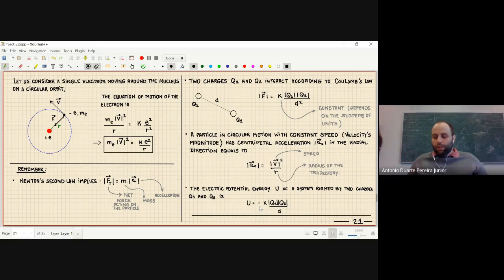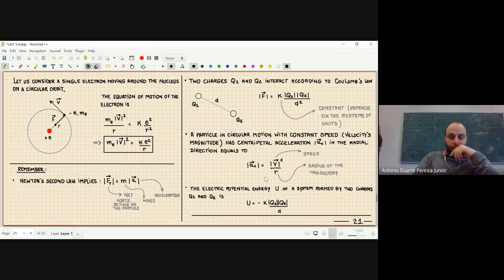So you take minus k, the same k that appears in Coulomb's law, and multiply by the absolute value of those charges divided by d. Good. So I hope that this short recap will make things clear to all of you.